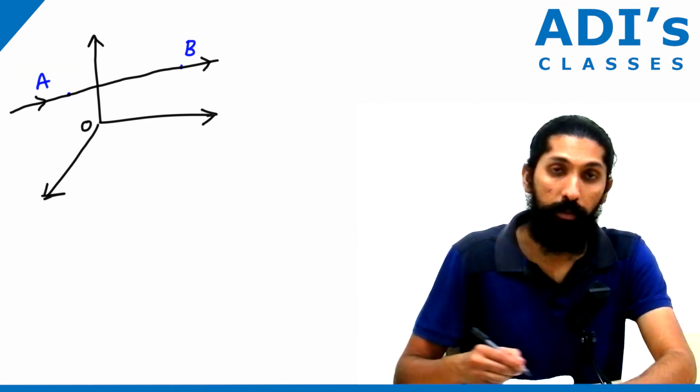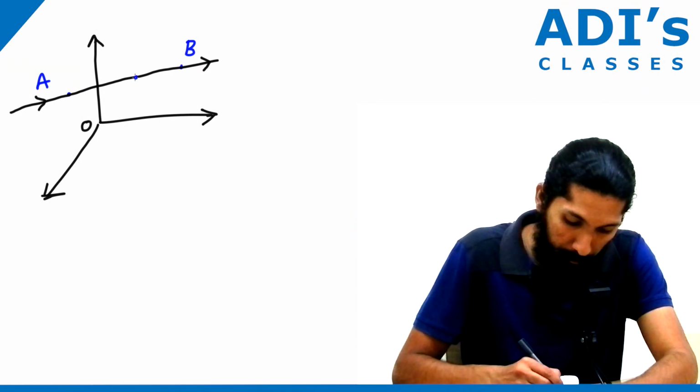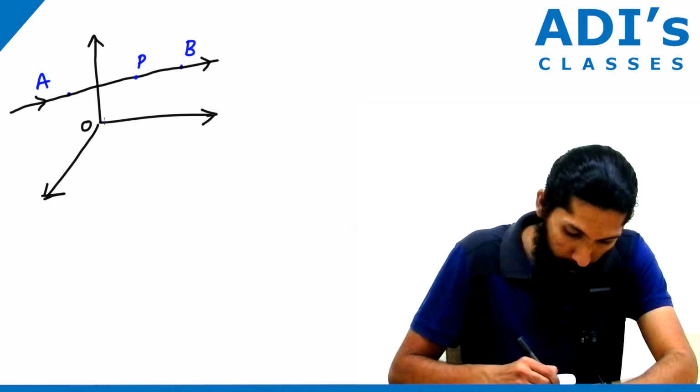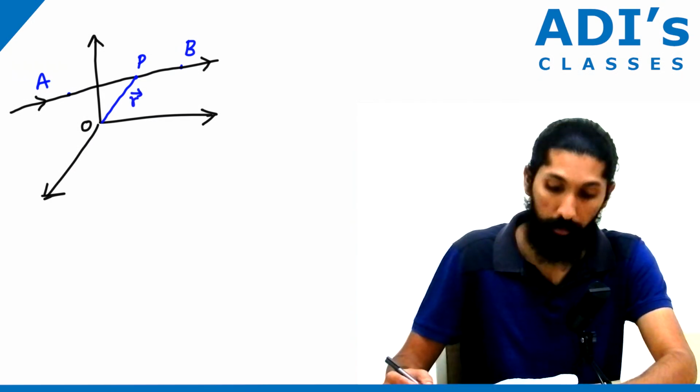Now in between, we'll take some arbitrary point P. So we'll join OP. Let's call this as vector R. Okay.